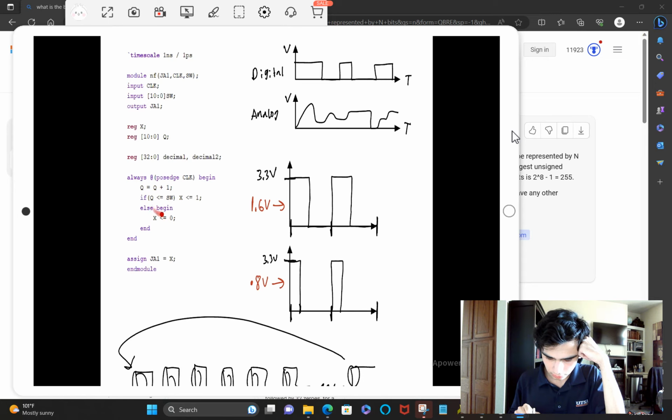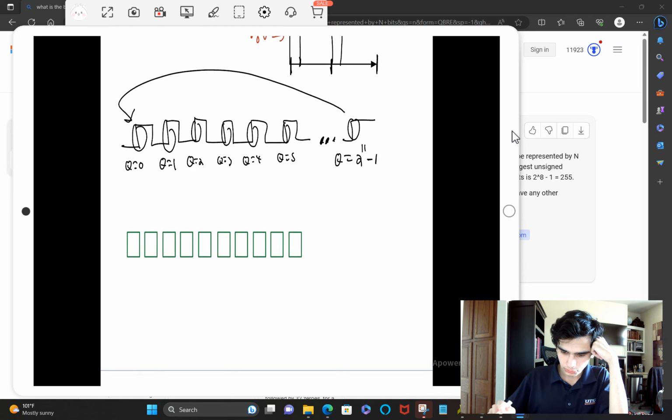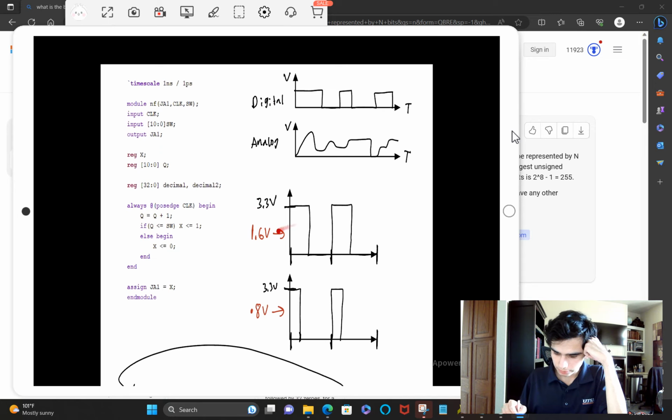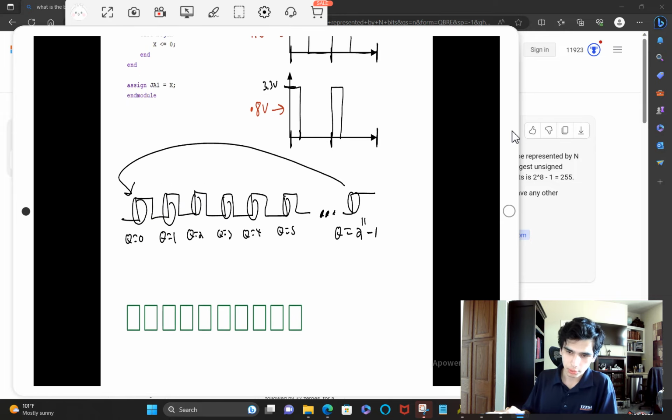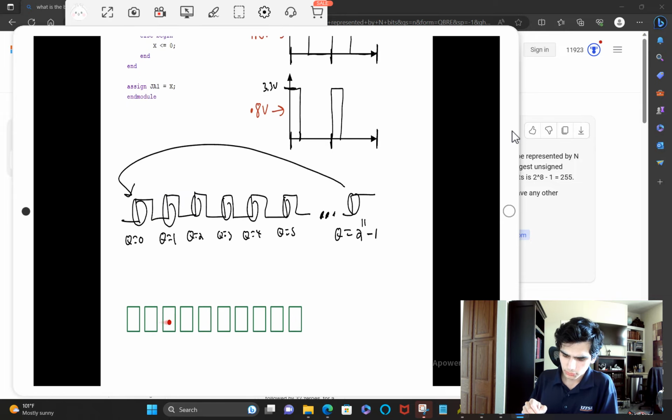So whenever Q is less than the switch, X is going to be equal to 1. So let's say we want to do this up here, where it's on only half the time. Then what we're going to need to do is make it be such that the value on this switch is greater than the value of Q for half the time.